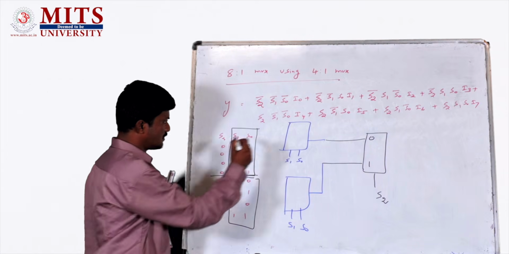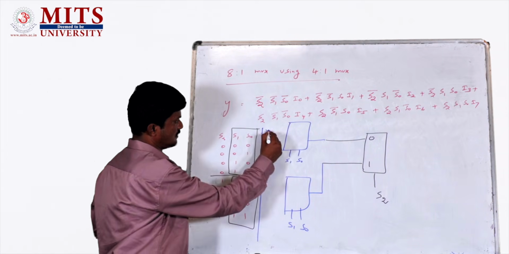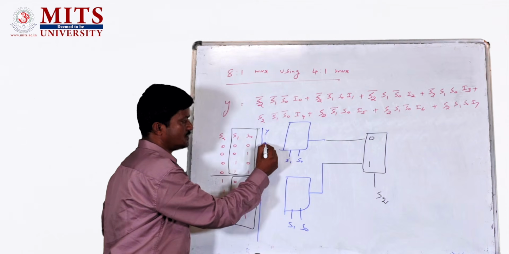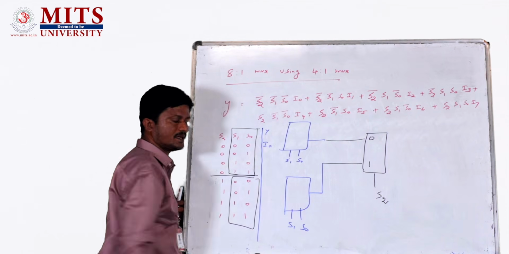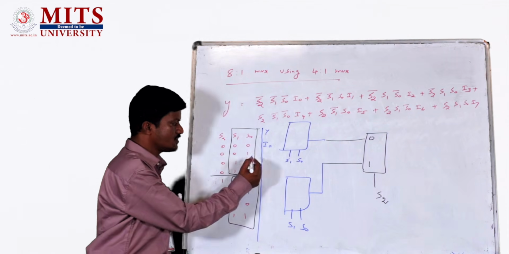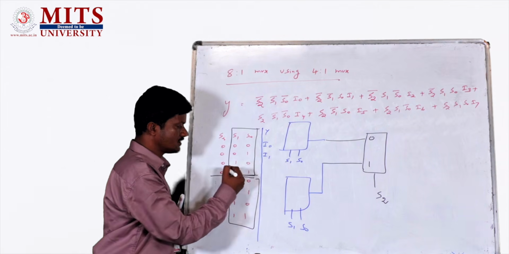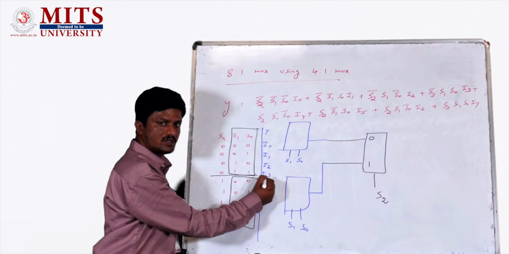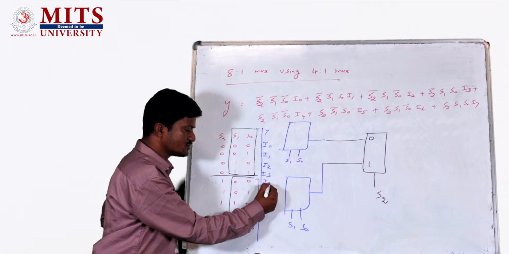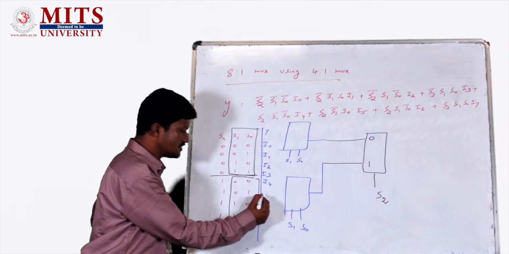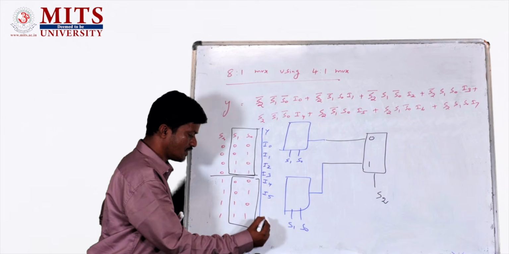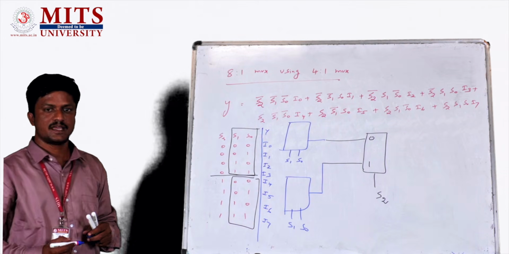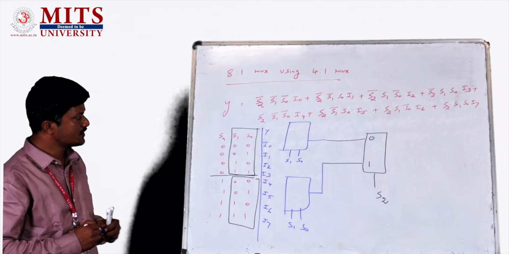So here the outputs are: when all the selection lines are 0, the output is I0. 0, 0, 1, I1. 0, 1, 0, I2. 0, 1, 1, I3. 1, 0, 0, I4. 1, 0, 1, I5. 1, 1, 0, I6. 1, 1, 1, I7. So now it's very clear.